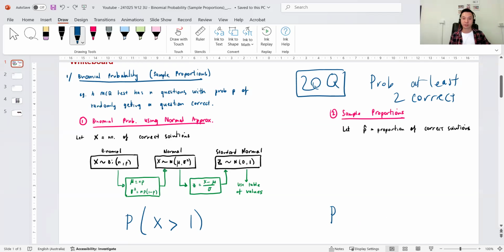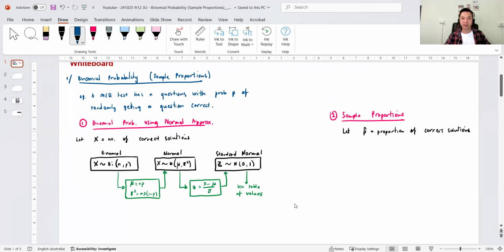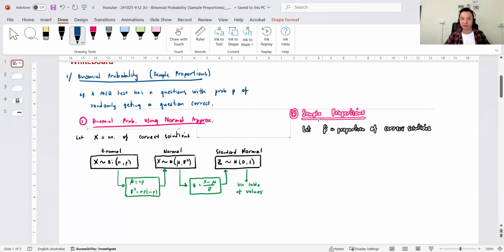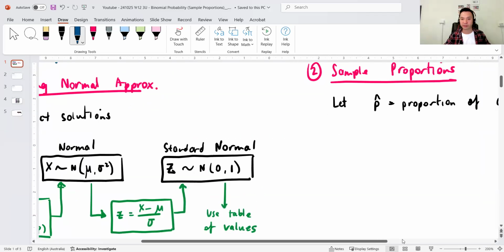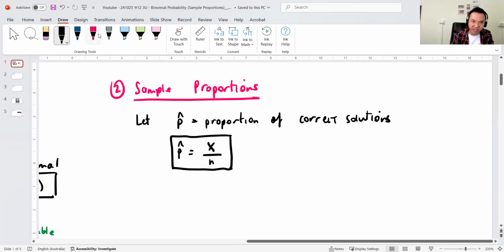Now, let's actually look at how that looks in terms of formulae under both. Before I do that, let's be very clear, when I set it side by side, what the formula is for p hat. p hat is ultimately x divided by the total number of questions, n, in this case. It's really important for you to identify that.